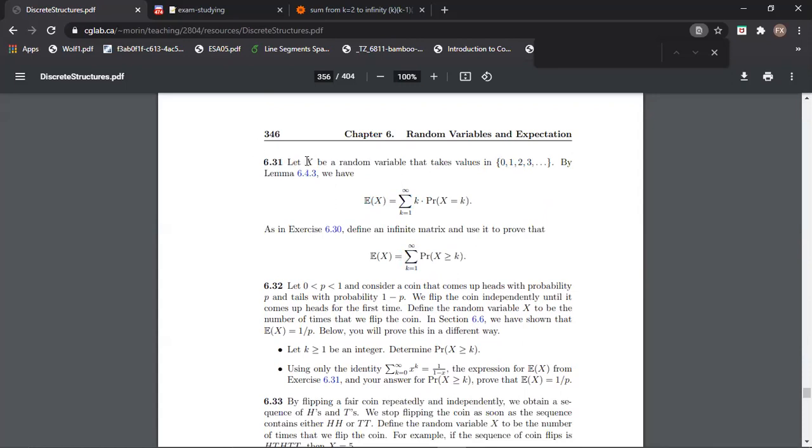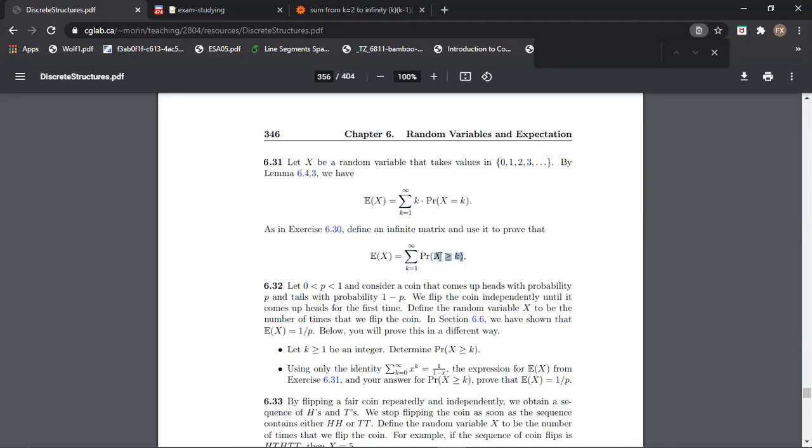When you have a random variable that takes integer values to infinity, well, the definition of expected value is this. You can show that you can get rid of this k if, instead of writing an equal sign here, you get a greater or equal sign here. And the reasoning is quite simple, to be honest.